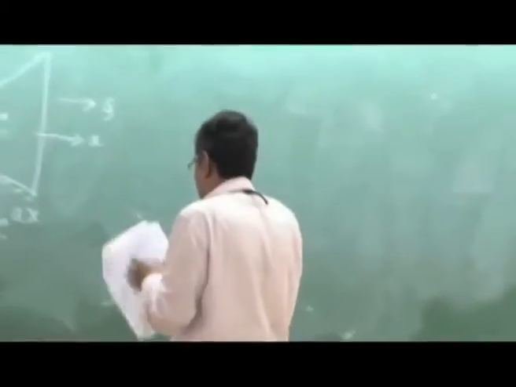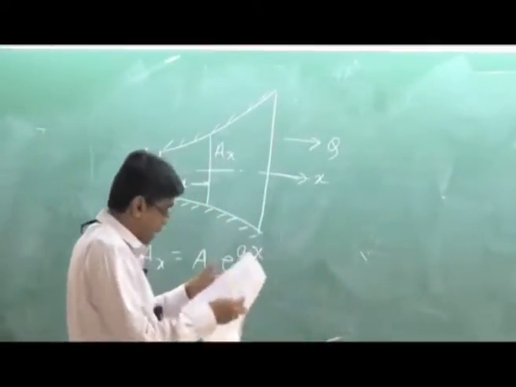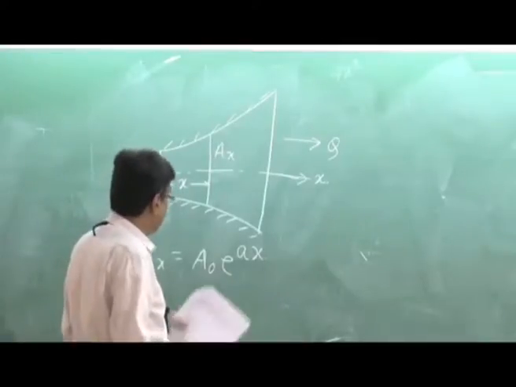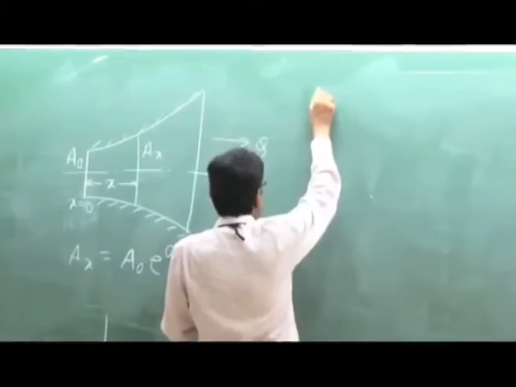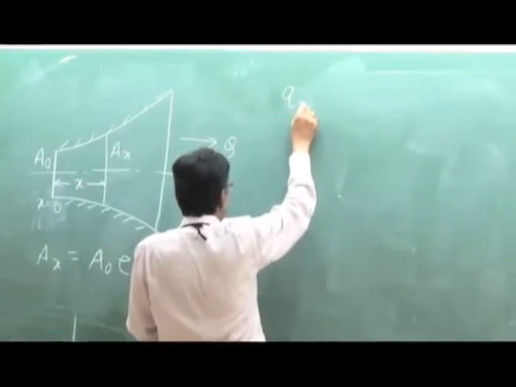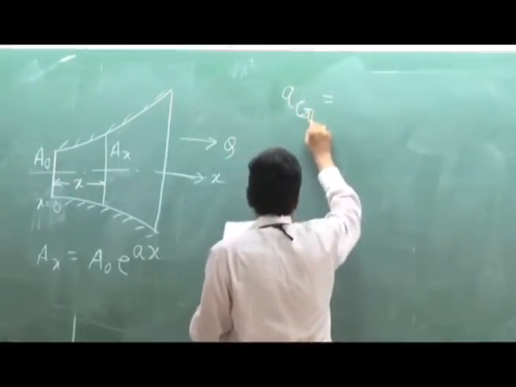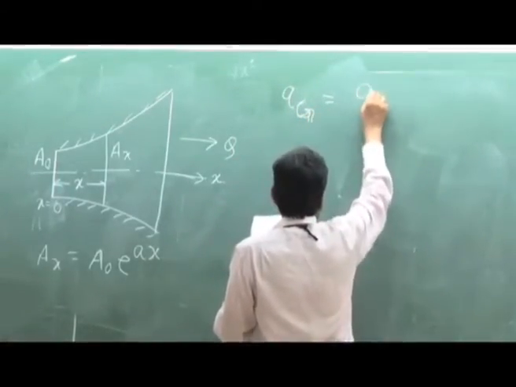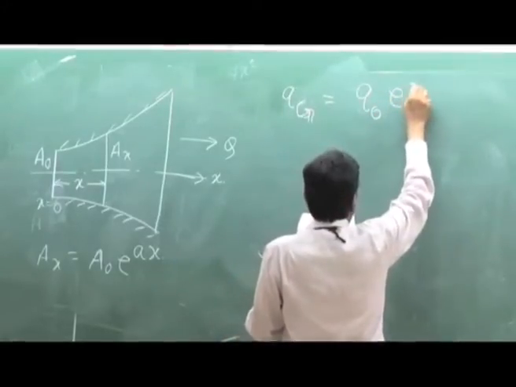Now first, without the heat generation rate, and then with the heat generation rate. So, heat generation rate is this, Qg is equal to Q0 e to the power.